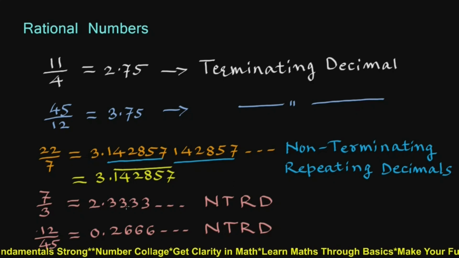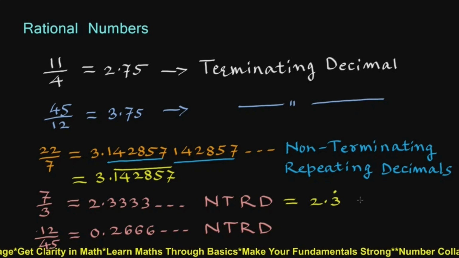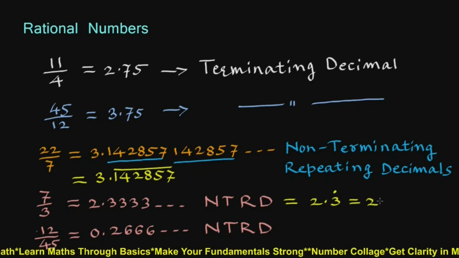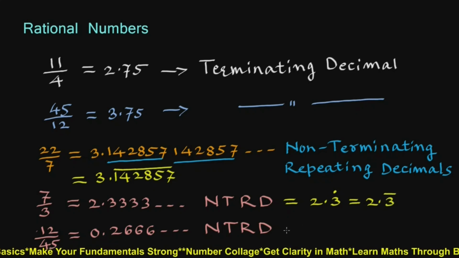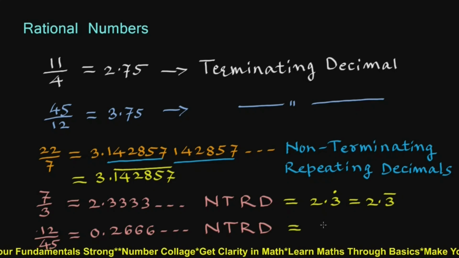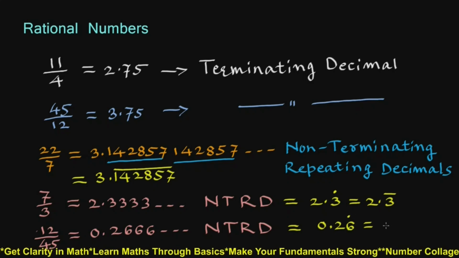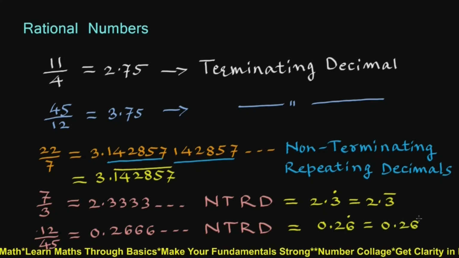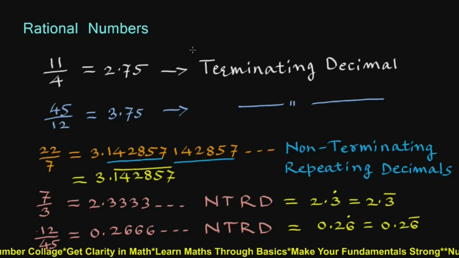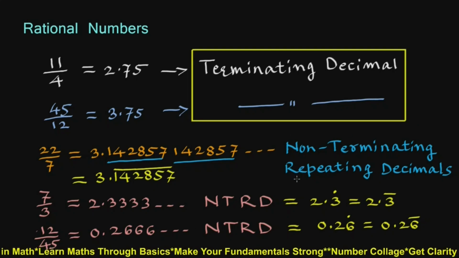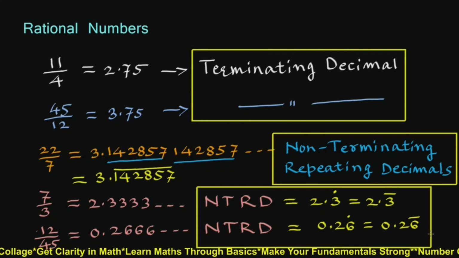Similarly, 2.3333 is also written as 2.3 with a dot on the repeating digit, or 2.3 with a dash on the repeating digit. 0.2666 is also written as 0.2 with a dot on the repeating 6, or 0.26 with a dash on the repeating 6. So a rational number may either be a terminating decimal or a non-terminating repeating decimal, like these rational numbers.